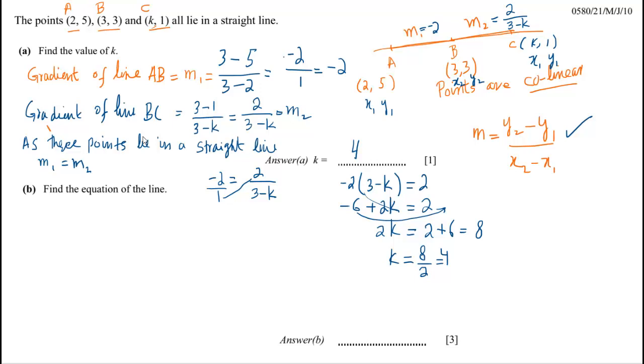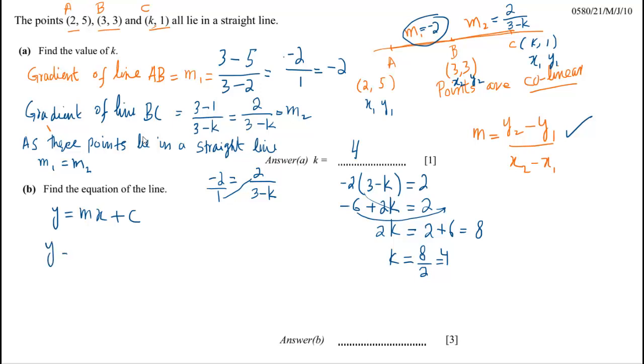In the next part we have to find the equation of the line. For the equation of a line, the formula is y is equal to mx plus c. Because the gradient is the same wherever you go on this line, and the gradient is -2, obviously this whole line will have the gradient -2.